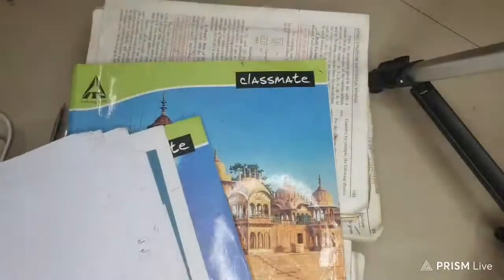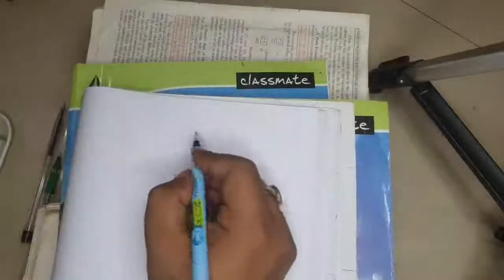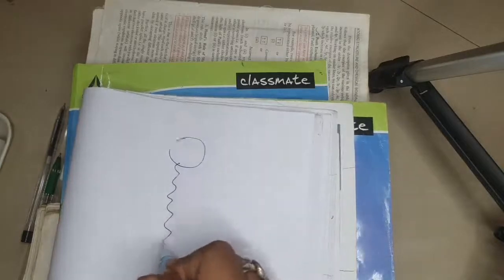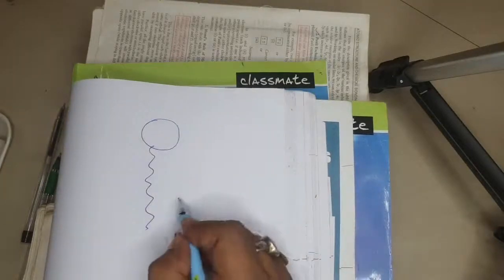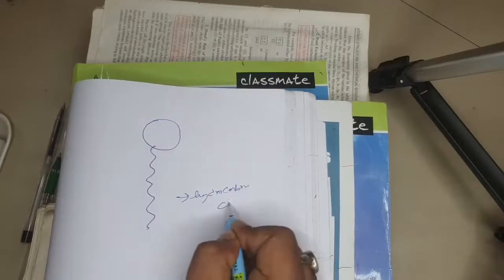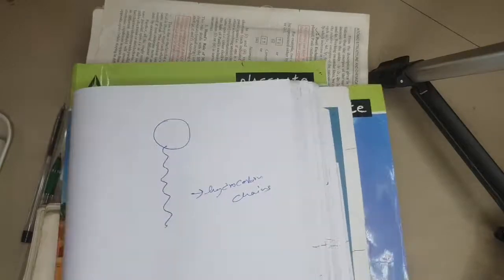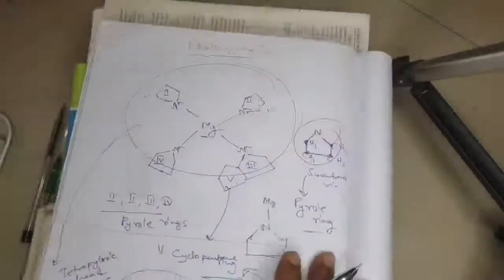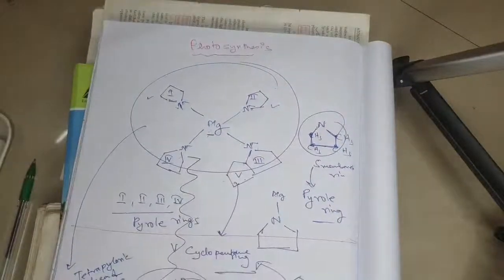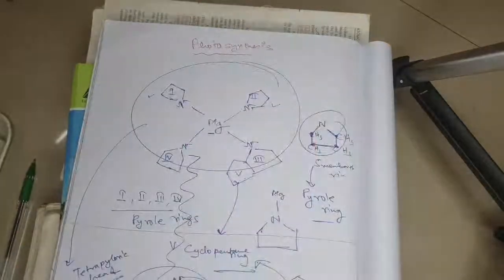Just like the structure of a soap molecule. Here the tetrapyrrolic head is there, and from there hydrocarbon chains come down. Now when you imagine this tetrapyrrolic ring with a hydrocarbon chain coming down, this is what?